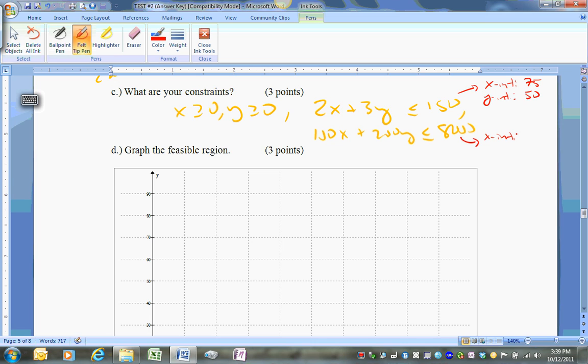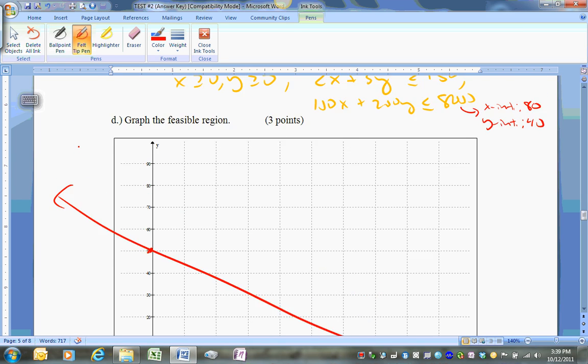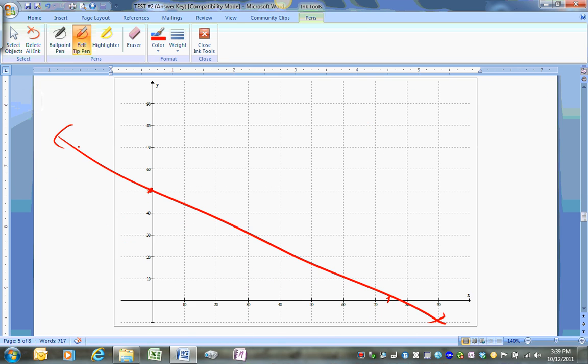It'll make the graphing a lot easier if we find x and y intercepts. So we locate 50 for the y intercept, 75 for the x intercept. Connect those two. We'll shade below. Next one's going to be 80 and 40 for the x and y intercepts.